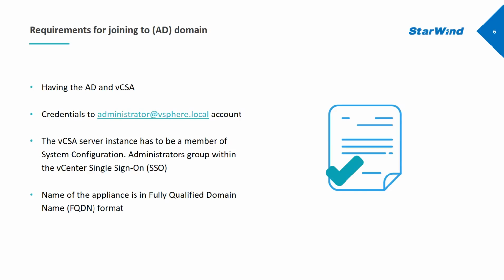That's really three requirements that should be followed. And the name of the appliance should be in FQDN format, fully qualified domain name format. So if all of these are met, you're open to join the vCenter Server Appliance to the Active Directory. And now let's take a look at what steps you should do in order to achieve that.